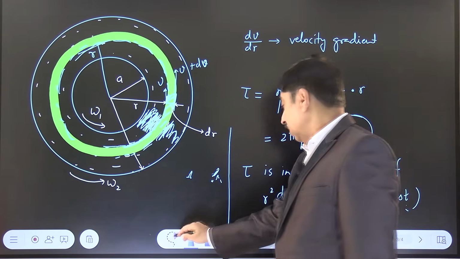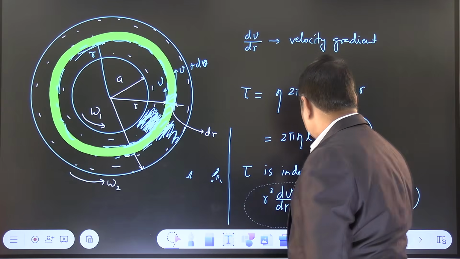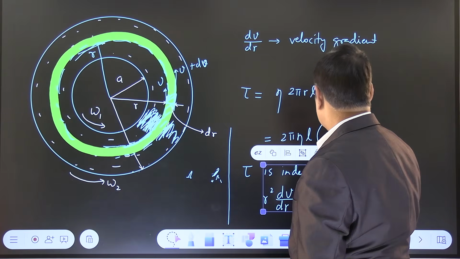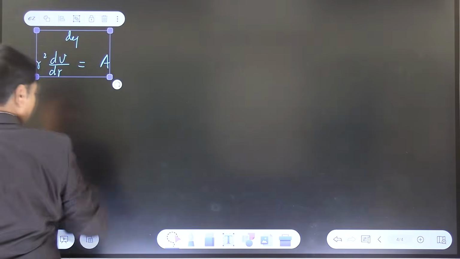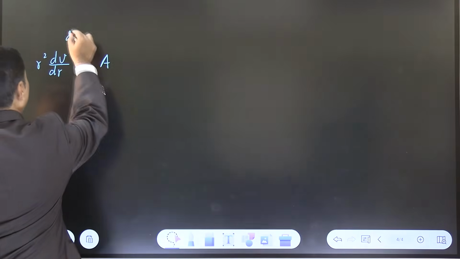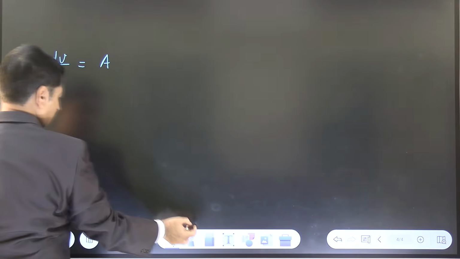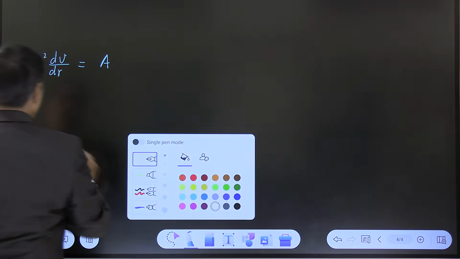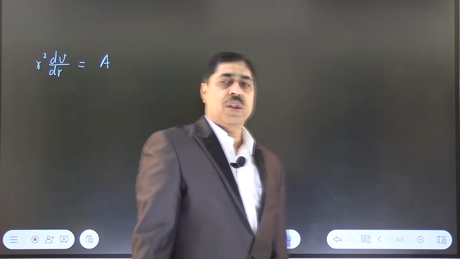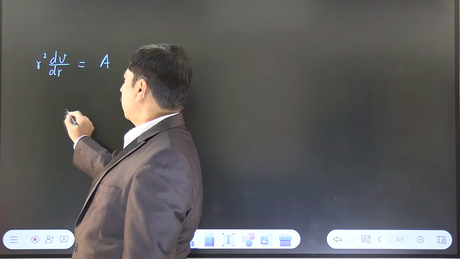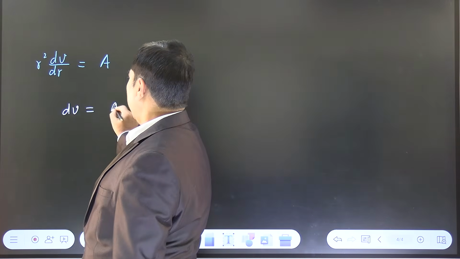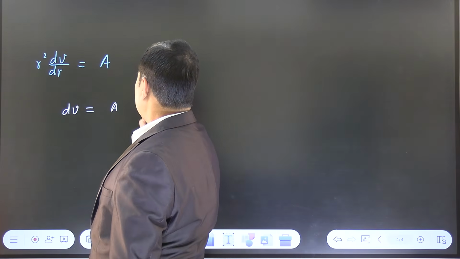So the problem has been solved actually. We can figure out this constant by knowing the boundary conditions. You just need to integrate this by separating the variables, and this becomes dv is equal to A dr by r square.